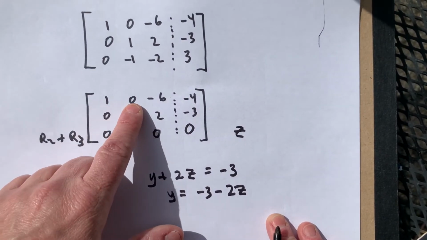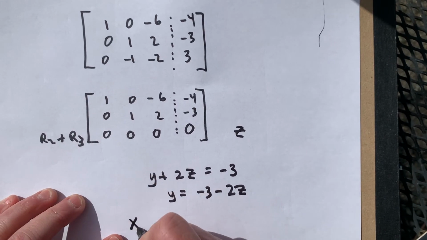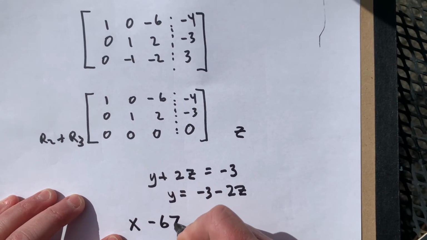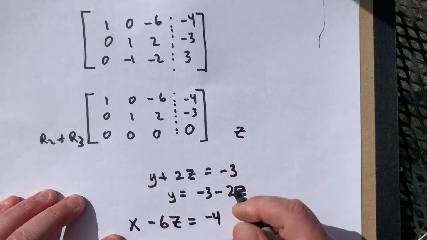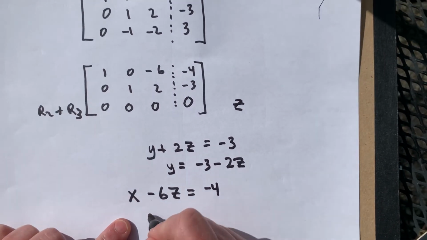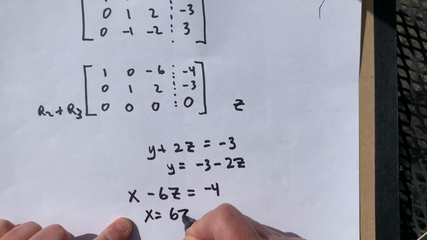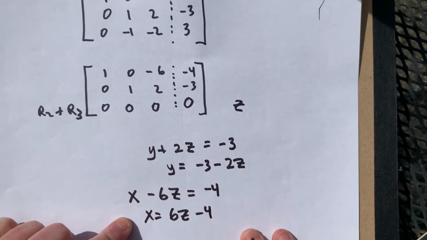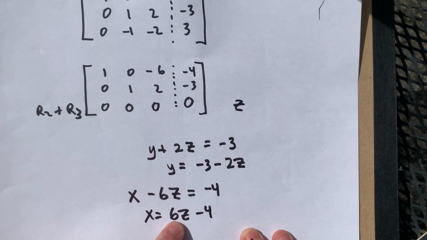And then if I look at this equation here, that tells me that x minus 6z is equal to -4. If I solve that equation, x is equal to 6z minus 4. So x also has some constraints.